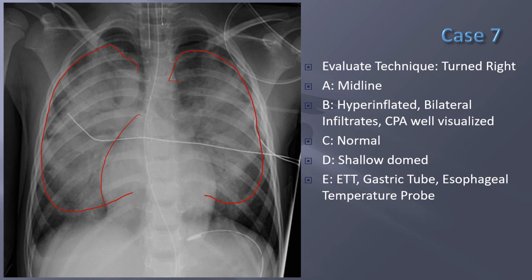And the heart borders here, maybe a little bit larger, high normal, on the heart side. Diaphragms, a little hazy there. Got good costophrenic angles. Still no fluid down here in the costophrenic angles. But I have this pattern of this infiltrate here.